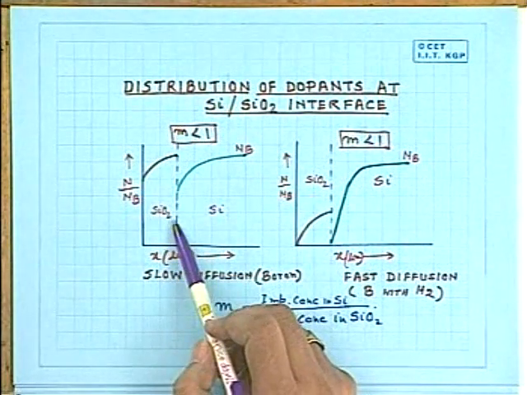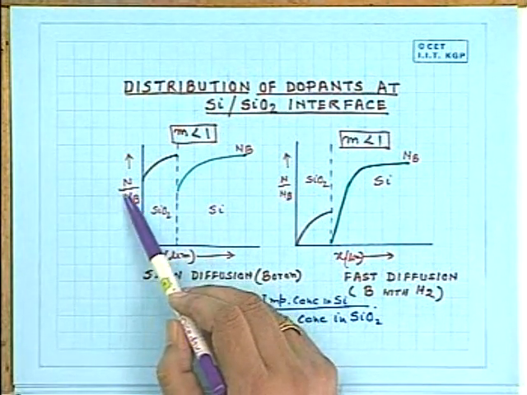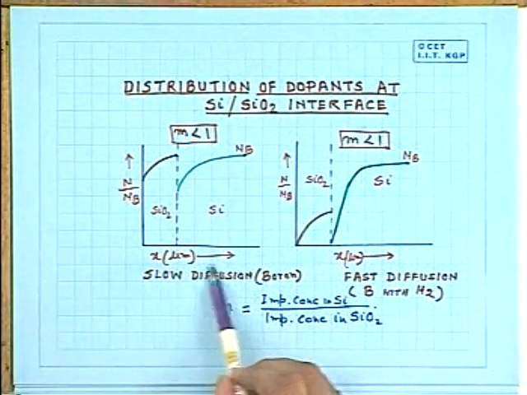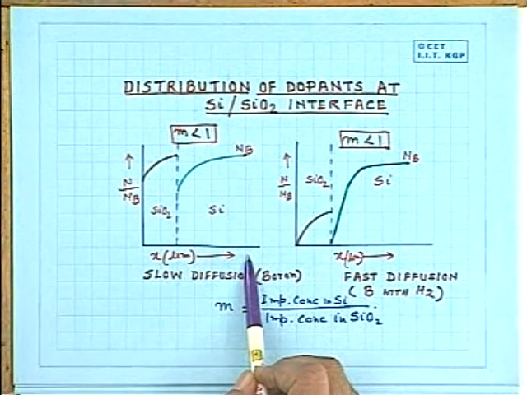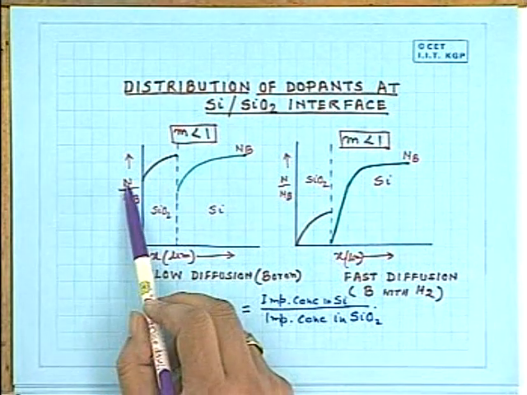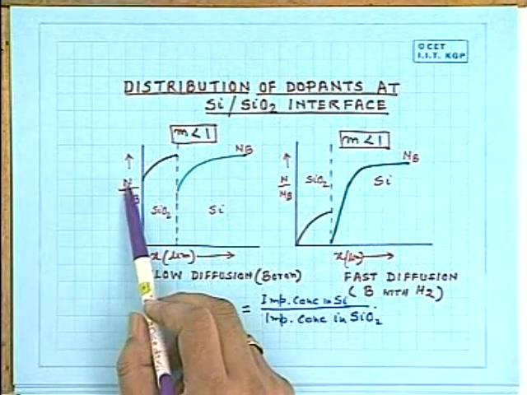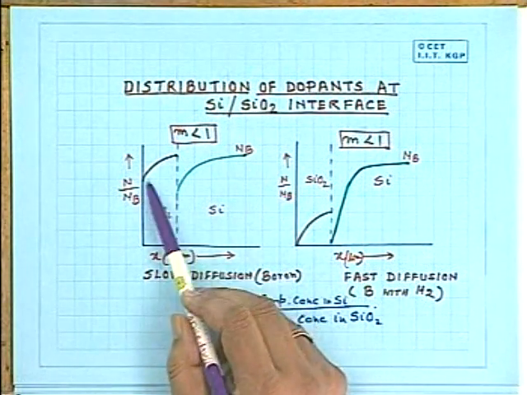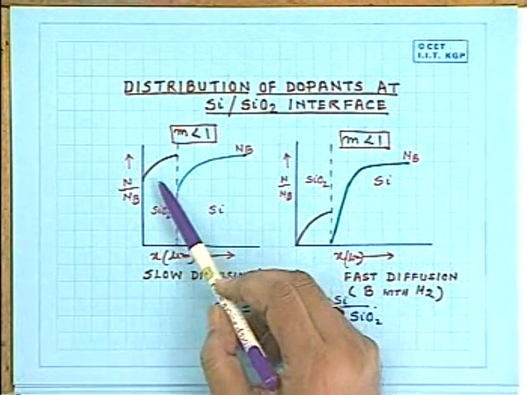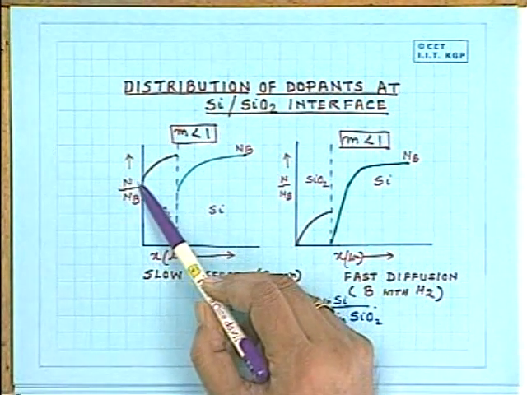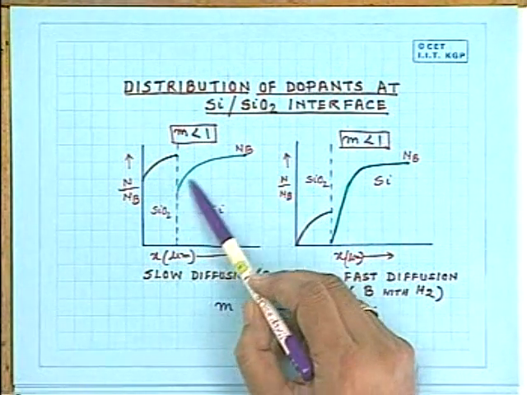This is the interface, and N by NB is plotted against X. X is the vertical distance from the surface, and N is the concentration at any point, and NB is the background concentration. Then we will see the profile in silicon dioxide is like this, and in silicon it is like this.